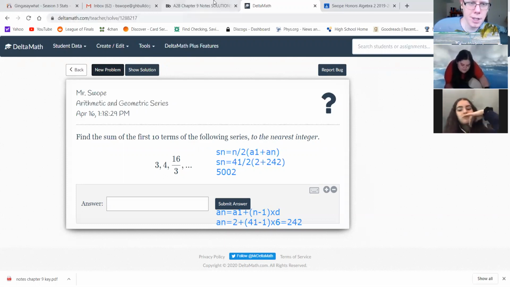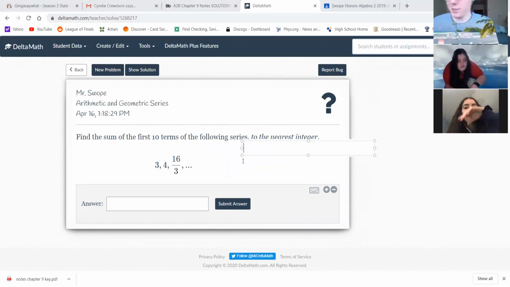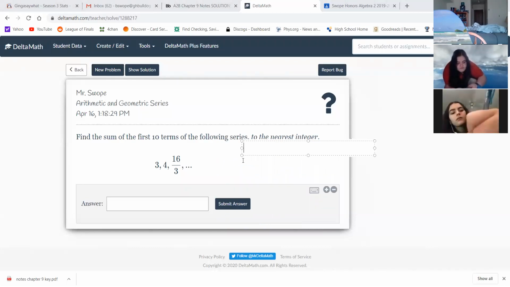Here, let me clear my drawings. We had two formulas. The formula we're going to be interested in is the first one, the one we started with.